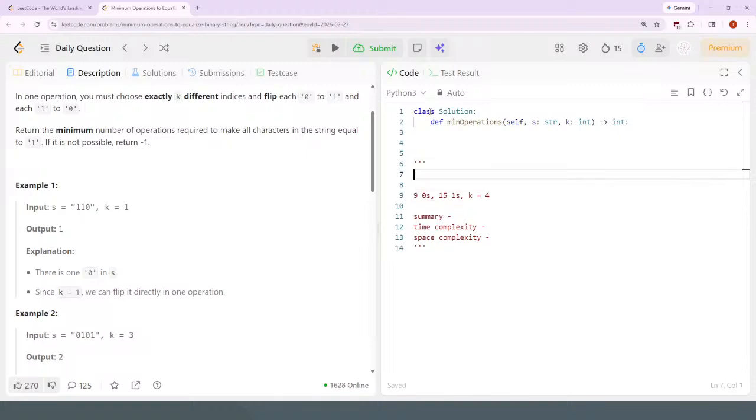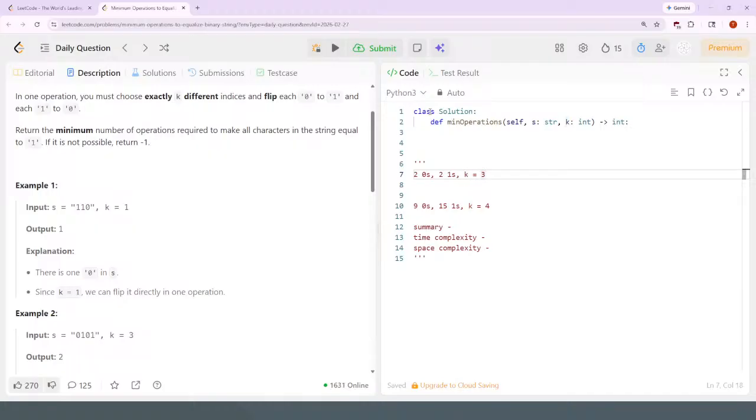Actually, let me look at example 2. So you have 2 zeros, 2 ones, and k is 3. When would you not want to do the greedy approach? The greedy approach is just using your k. Well, definitely this one you don't want to use the greedy approach.